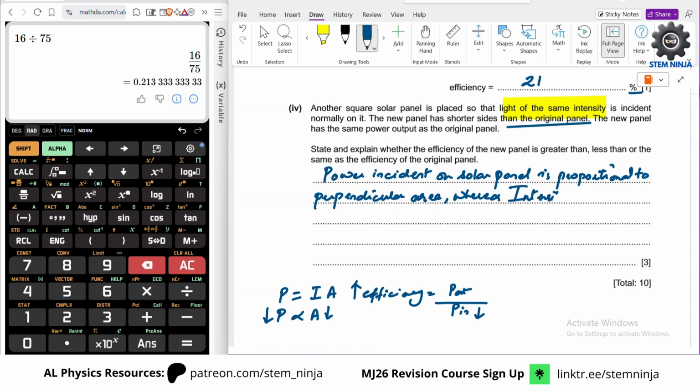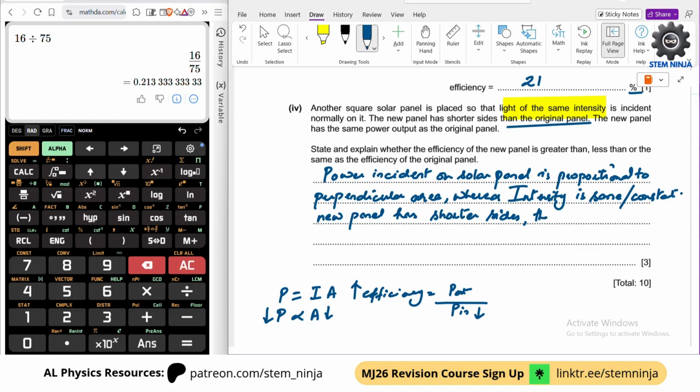In this case, it is the same, or you can use the word constant. New panel has shorter sides, therefore smaller area. So power input or power incident on it would be lower.